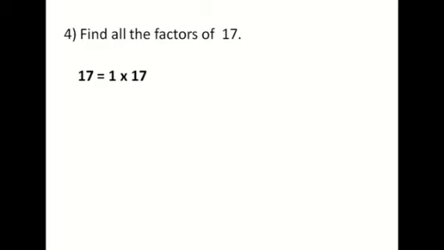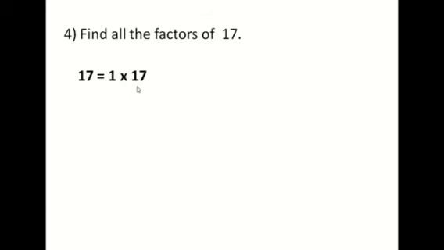So now here I want to ask you one question. Can you tell me what this number is? What I have discussed today, if you can remember, if you can recollect, you can tell me something about 17. Because you can see the factors are 1 and the number itself.